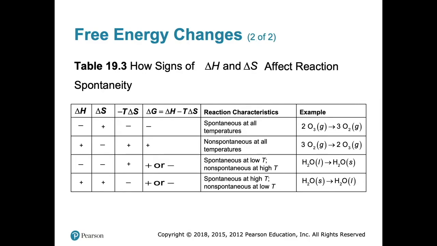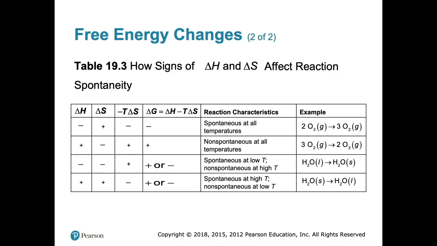I promise that this will be much more apparent to how helpful it is to you when you're working on the assignment and then your next exam, okay? So notice here, we've got a negative delta H, a positive delta S, and then a negative T delta S, right?